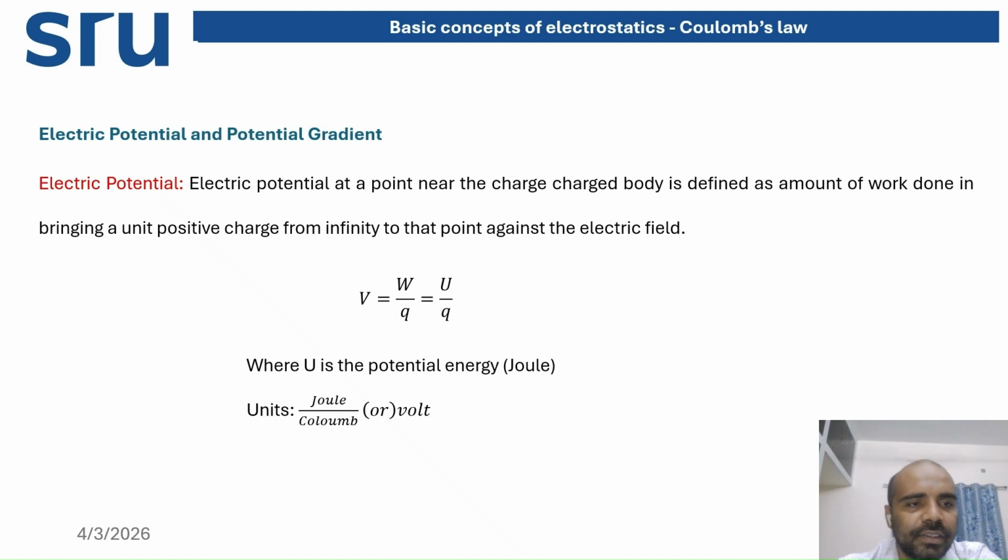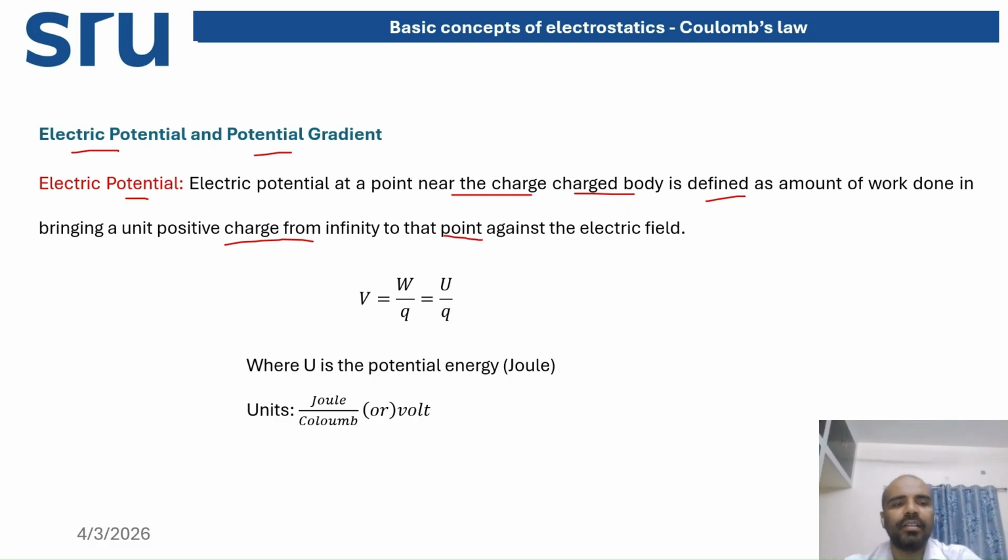So now we will discuss what is electric potential, right? And electric gradient. So what is electric potential? The electric potential at any field point near the charged body is defined as the amount of work done in bringing a unit positive charge from infinity to that point.